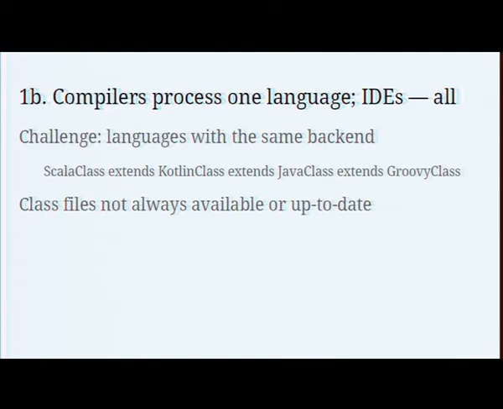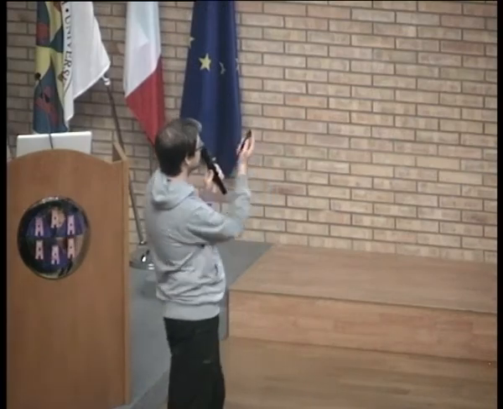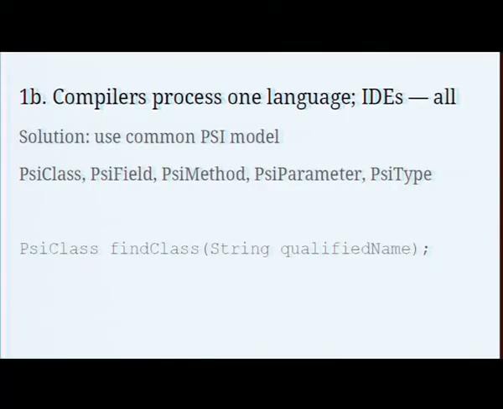And to support all these languages, we have to provide a common underlying PSI model for that. And the solution is that all these languages have their own PSI with their own interfaces and so on, but they also pretend to be a bit of Java. They all provide implementations of Java-specific interfaces like PSI class, PSI field, PSI method, parameter type, and so on.